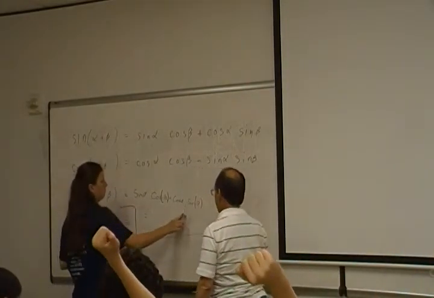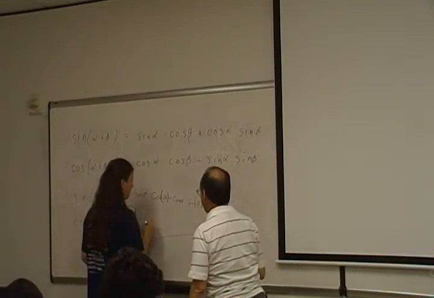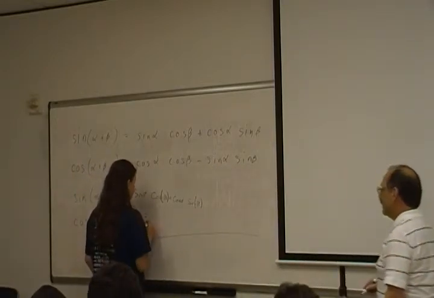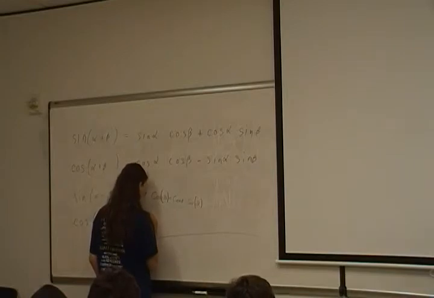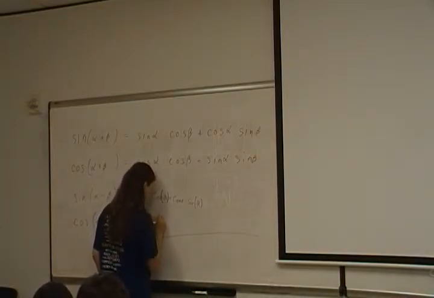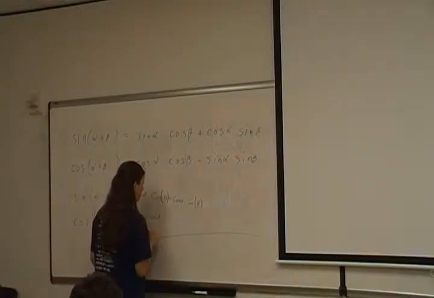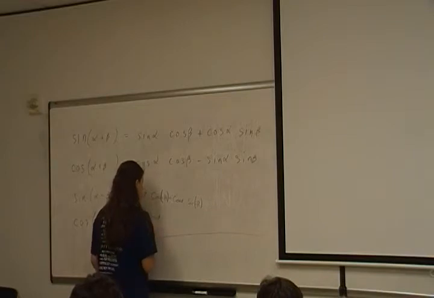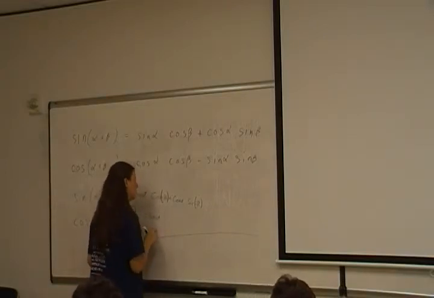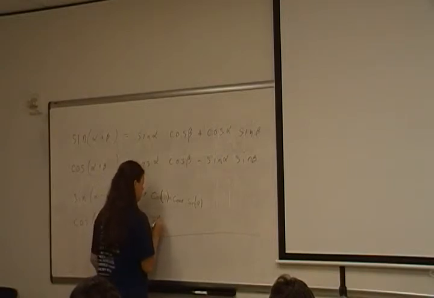Yeah, recopy that, but replace cosine of minus beta with what you know about it. What is cosine of minus beta? So just write cosine beta.